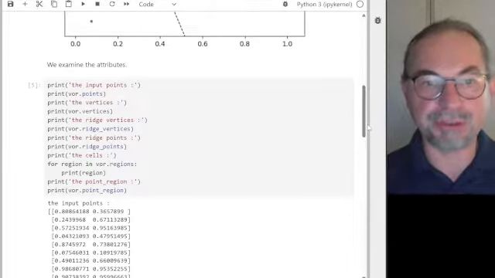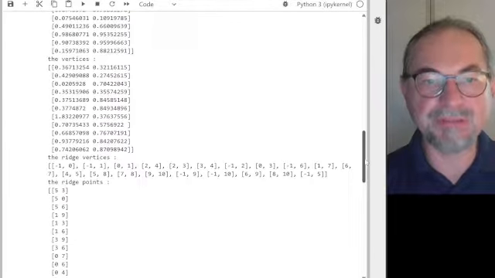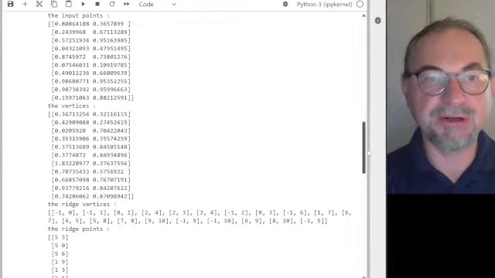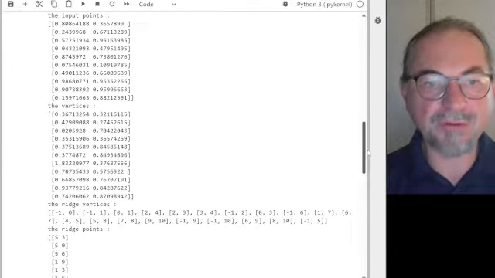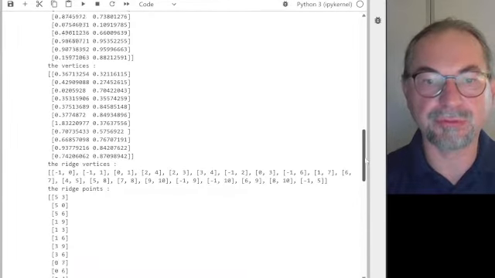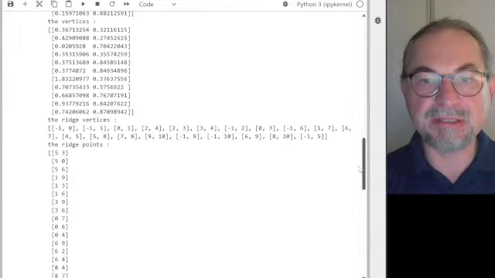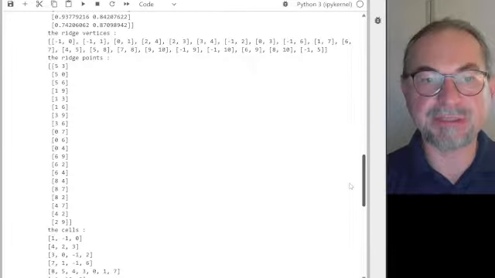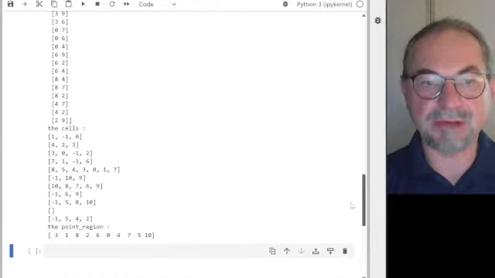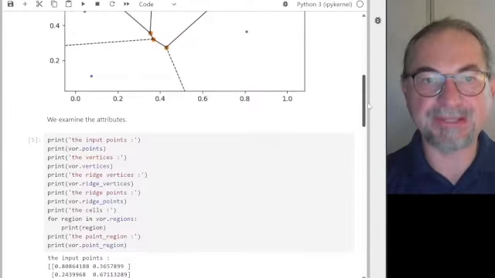There are what they call the ridge points and the ridge vertices, and there are the cells. So you see the random points, the vertices. Actually, the vertices of the Voronoi diagram are computed. So these were the orange dots. Here you see the definition of the vertices and then the cells as well. So we have 10 points in our entire Voronoi diagram, the 10 sites.